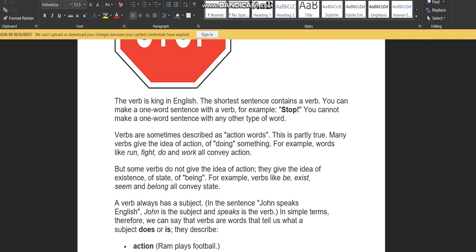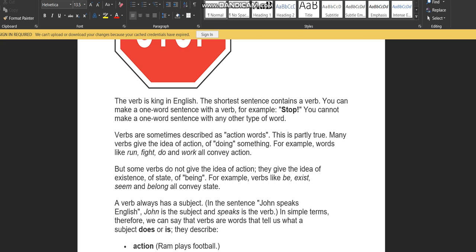Sitting, drinking, eating, hopping, swimming, playing, studying, writing, reading, all such words are known as verbs. Any kind of work, any kind of action you do is considered a verb.